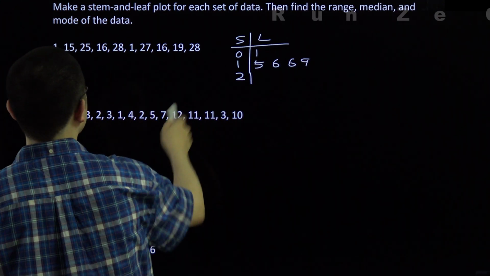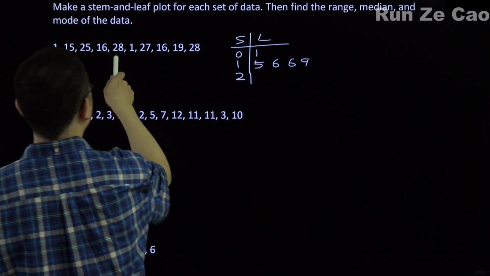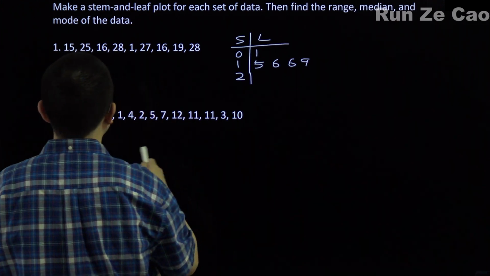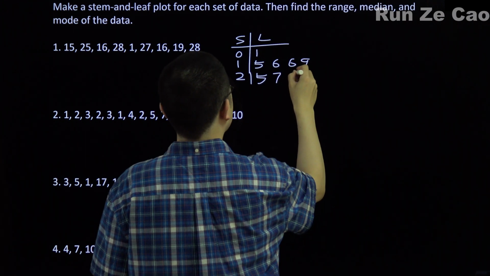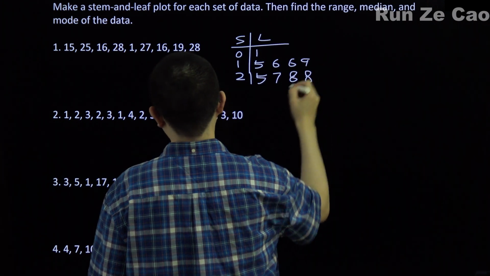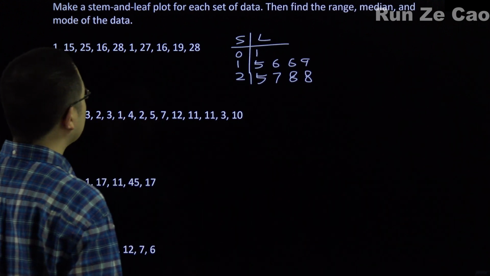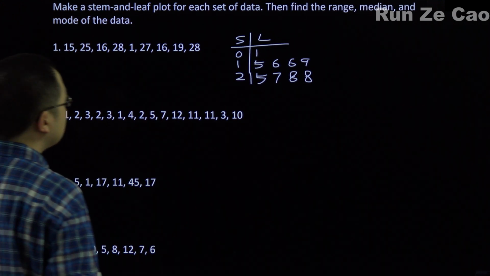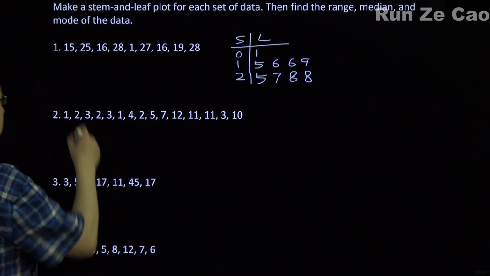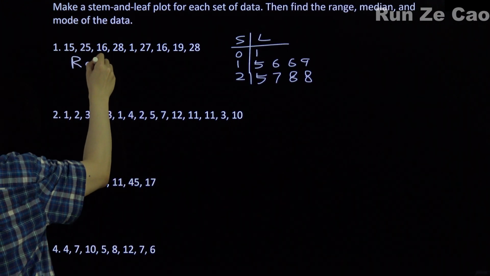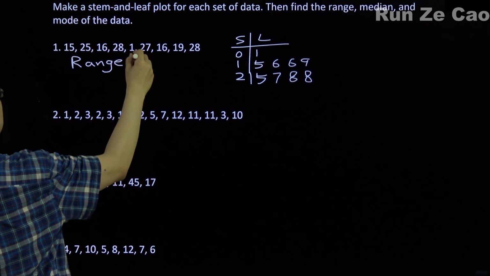Okay, what about the 2s? You got 25, 28, 27, and 28. So 25, 27, 28, and 28. Okay, then find the range. Range is going to be 28 minus 1 for numerical range. Range numerical is 27.